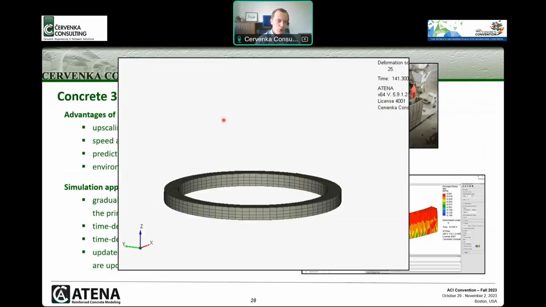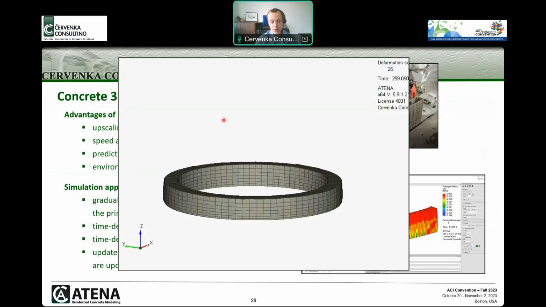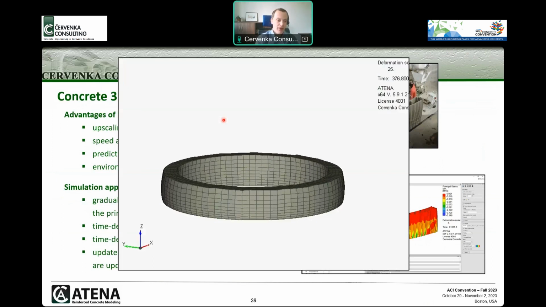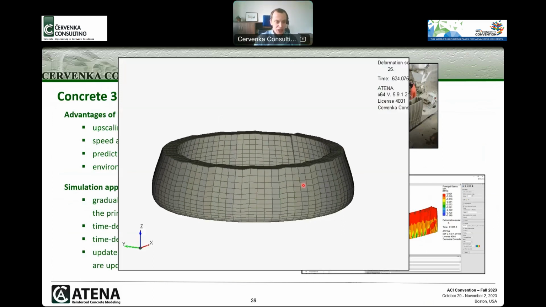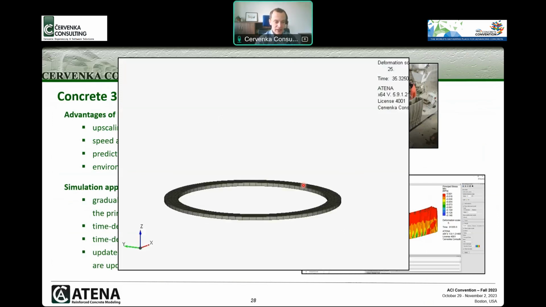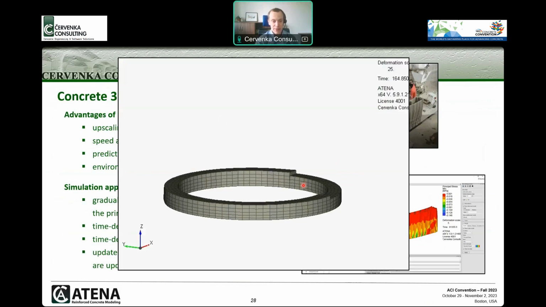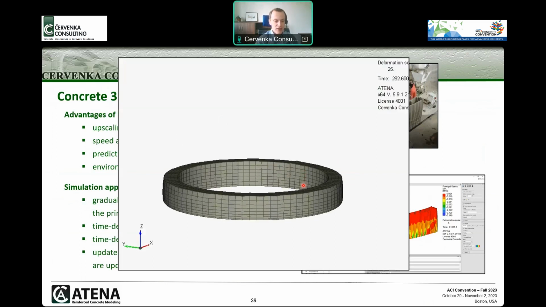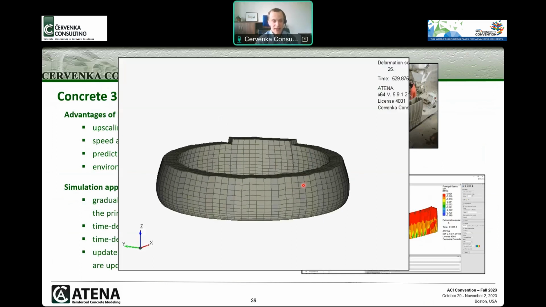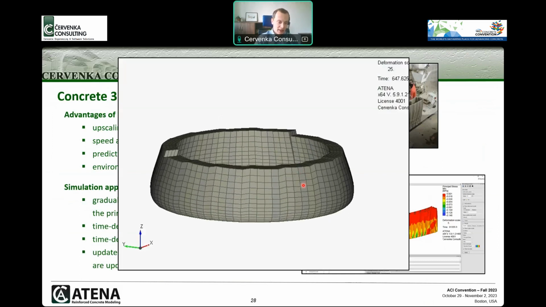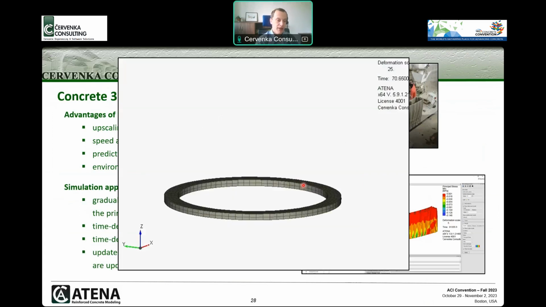Our approach is that we create again a finite element model, and then we gradually activate the elements along the printing path. Each element has different construction time, and this construction time actually governs its material properties, meaning that at each step, each element has different compressive strength and different other parameters of the material model.